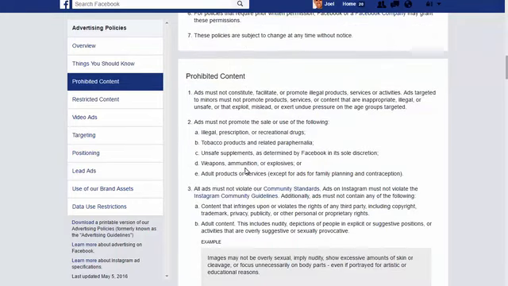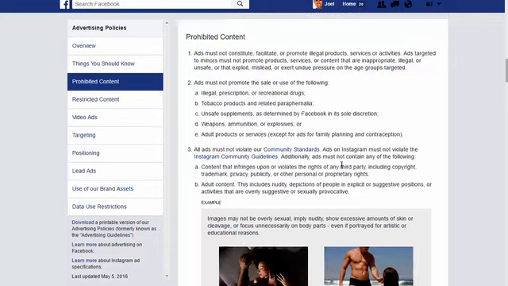This might be one of the most important things that you understand: the prohibited content. If you have an ad or a picture of an ad that talks about any of these things, your ad will be disapproved, and many times they will just cancel your ad account, especially if you're brand new. They kind of have like a zero strikes rule.